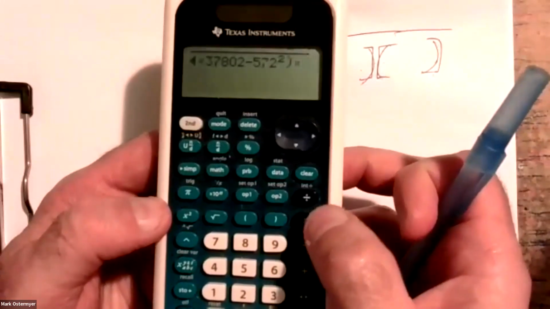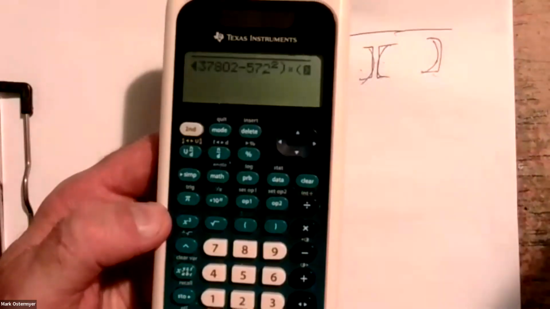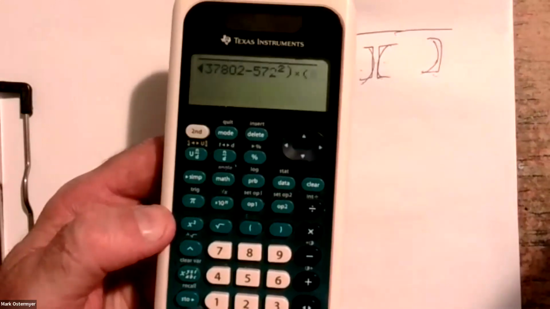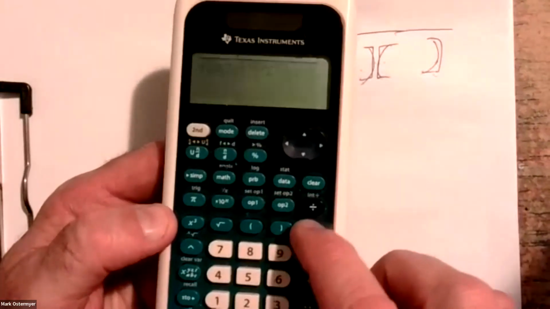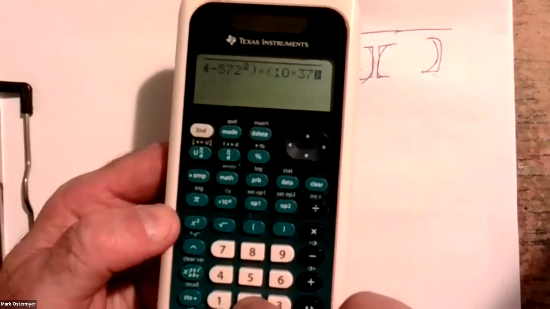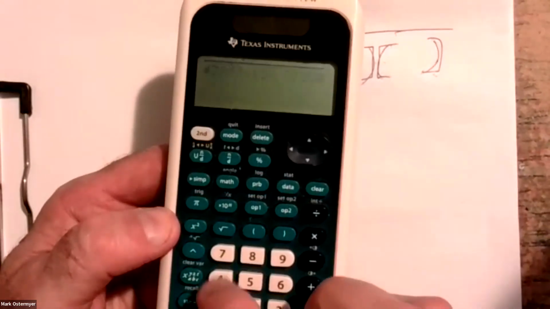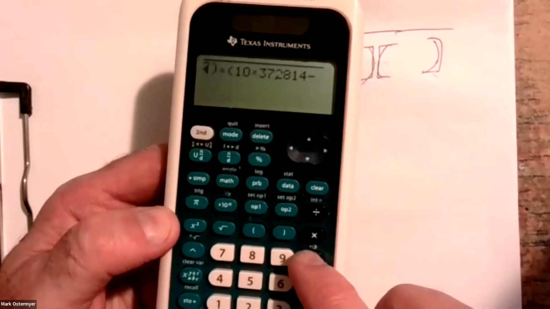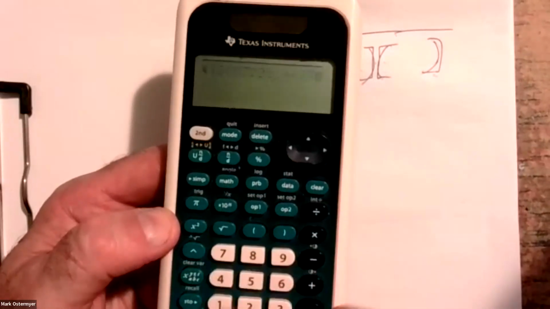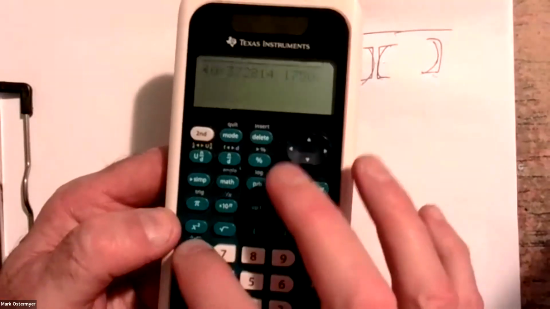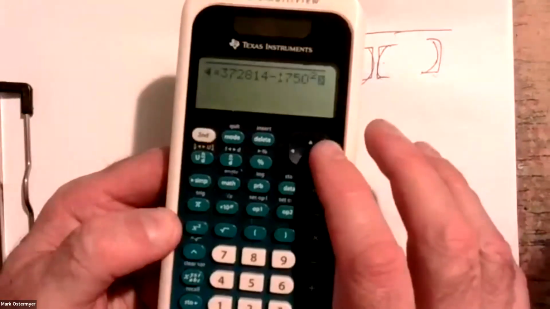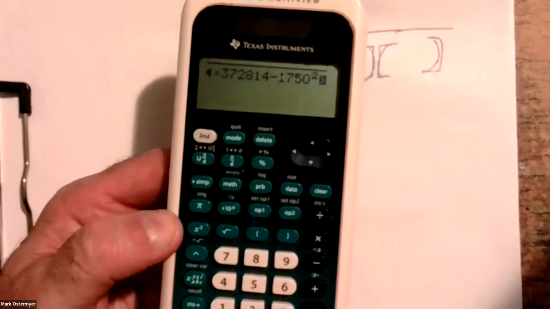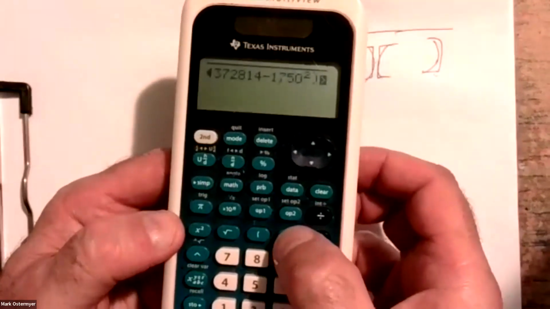Times open parenthesis, now 10 times 372,814. Subtract 1750 squared. Okay, and then a closed parenthesis.